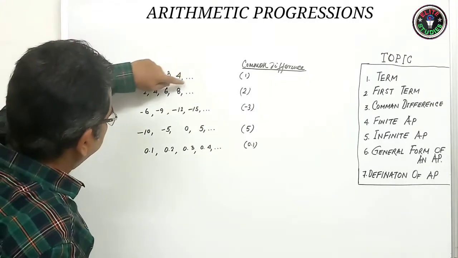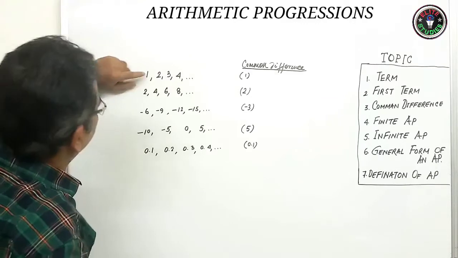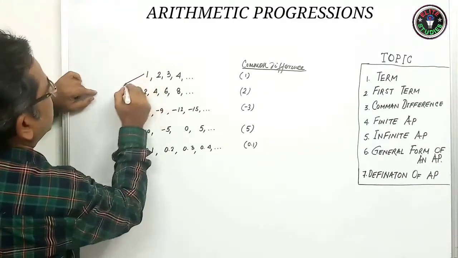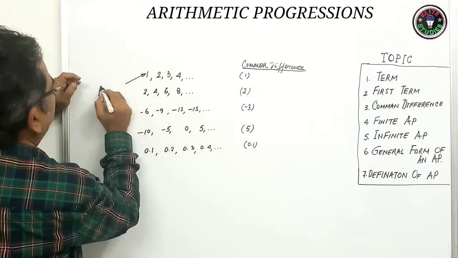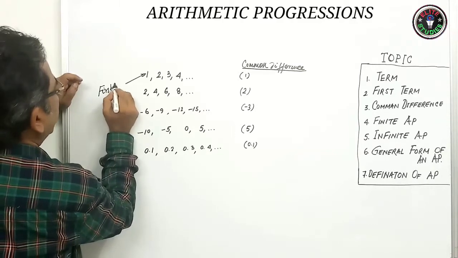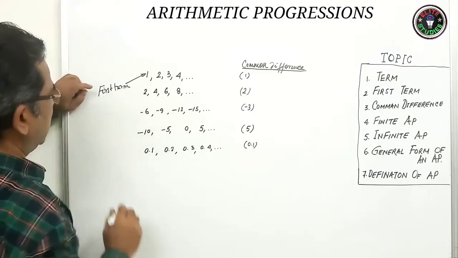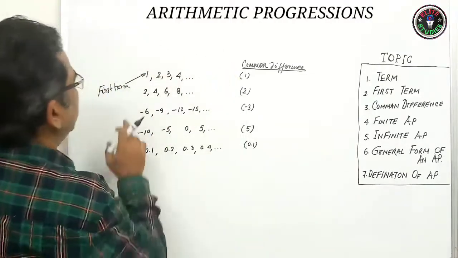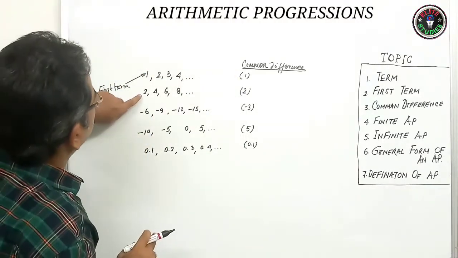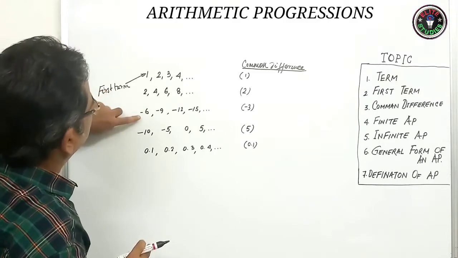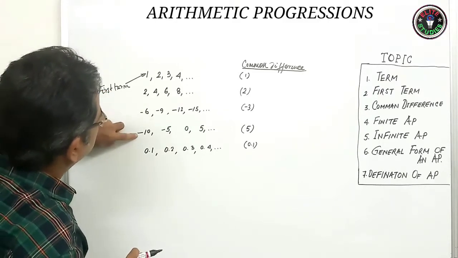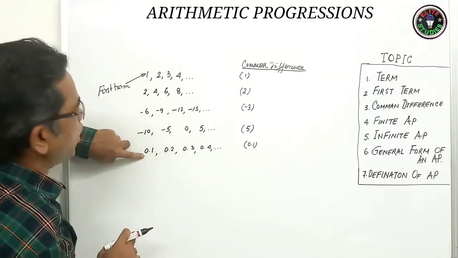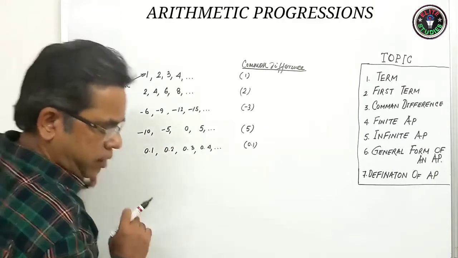In this series, this is called the first term, the first term of this list of numbers. Similarly, in this, 2 is the first term, -6 is the first term, -10 is the first term, 0.1 is the first term.